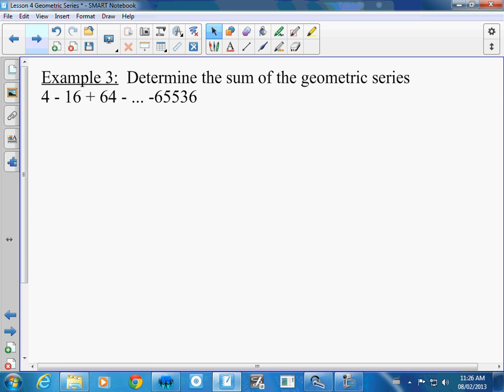Could we figure out R? Yes, we could. What's the only thing we're missing? N. How many terms are there? I don't know. Those dots in the middle mean we're missing something in the middle. So we're missing N. Well, it's kind of hard to do when we're missing N.